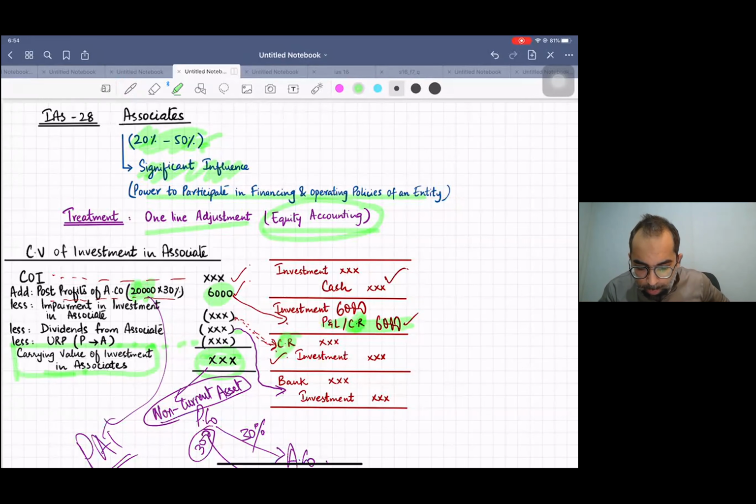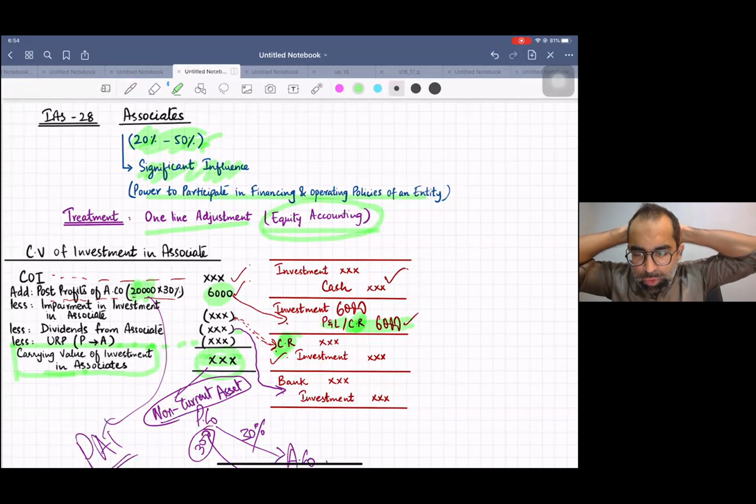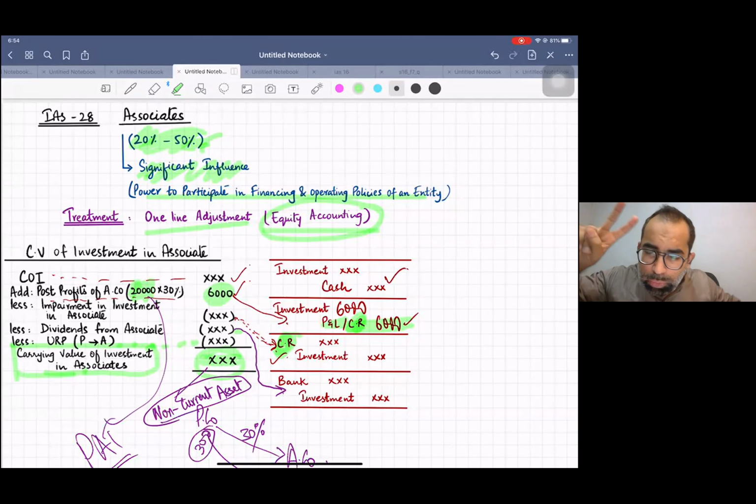So only two things. Whenever you get a question of associate and you have to prepare a consolidated balance sheet, just keep two things in mind.